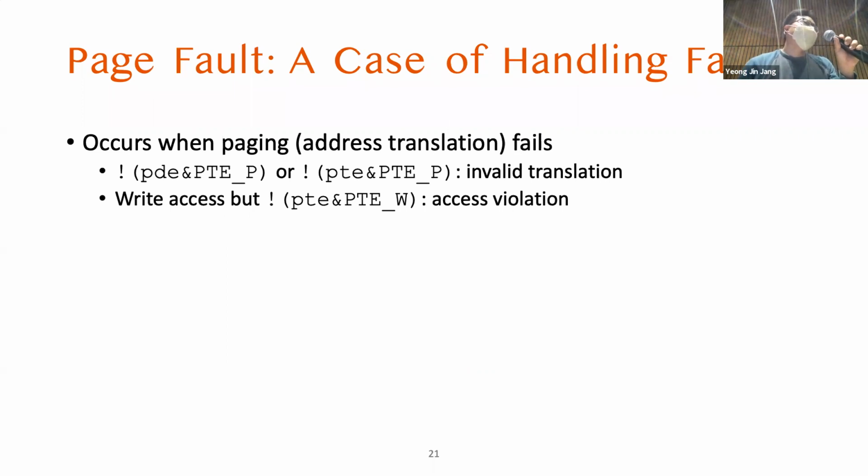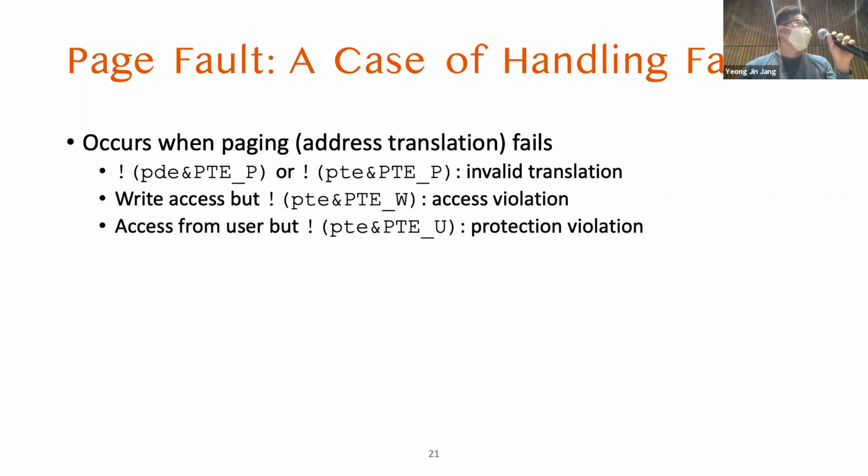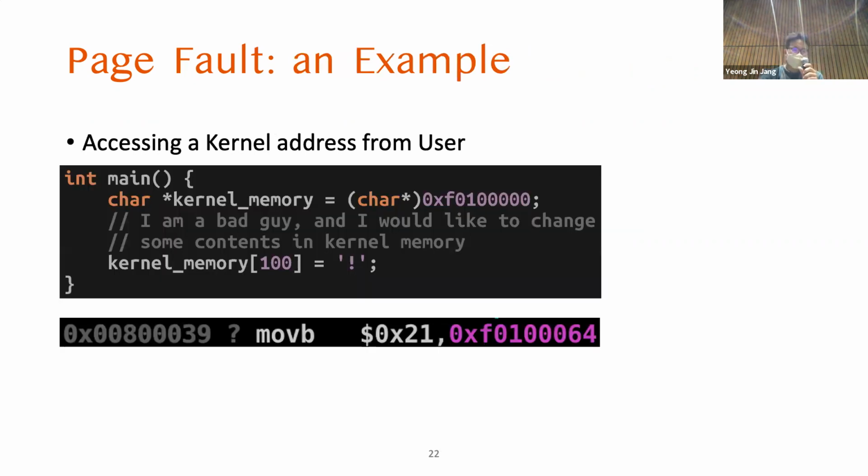Or if the CPU attempts to write to read-only memory, it will generate a page fault. Also, if a ring 3 application attempts to access a ring 0 address, it will also generate a page fault. But you might still think these are all violations, so how can we recover?